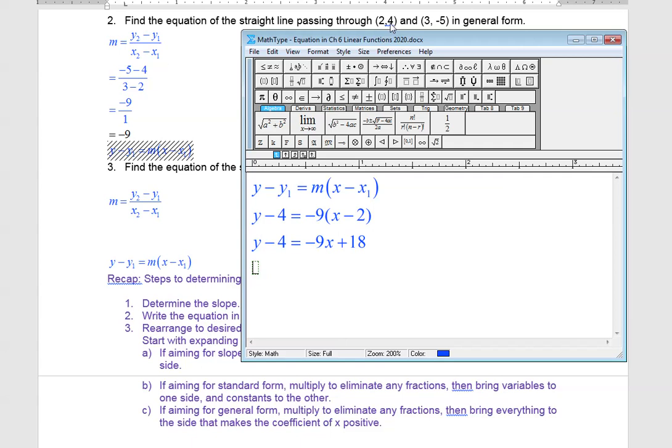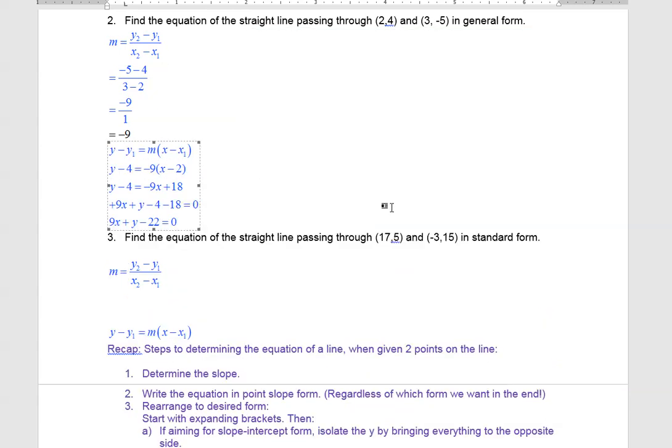So we're going to move everything to the left side in this case, so we get plus 9x plus y minus 4, and when we bring the 18 over, it becomes negative 18, and that equals 0. So like terms together again, 9x plus y minus 22 equals 0 is our general form.